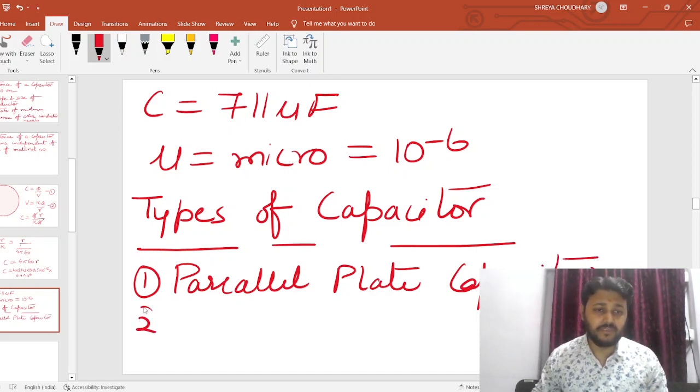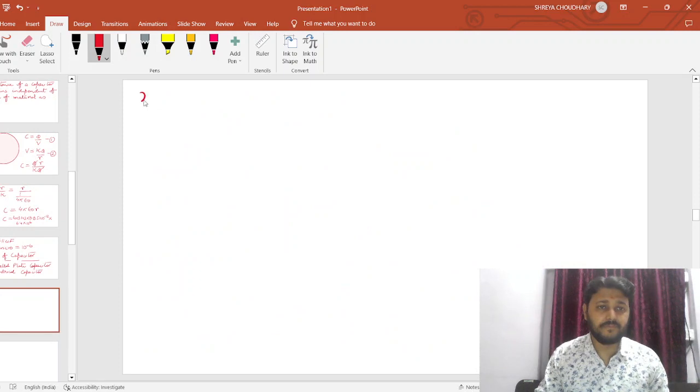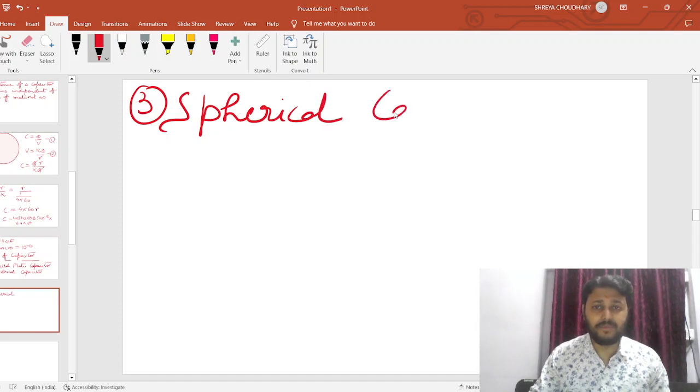The second one is your cylindrical capacitor. And the third one is your spherical capacitor.